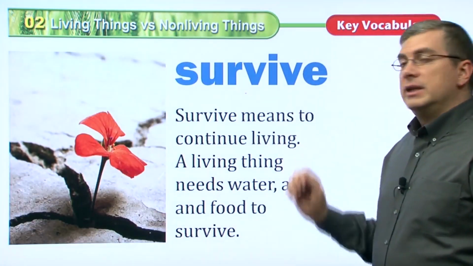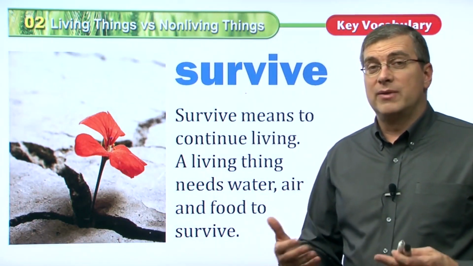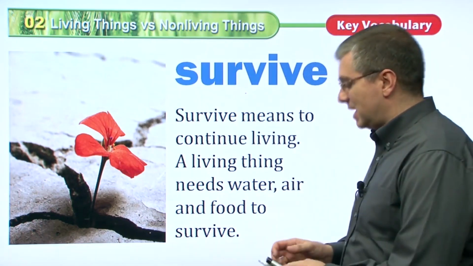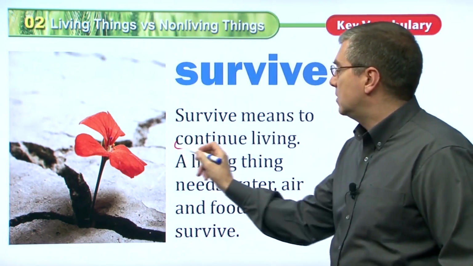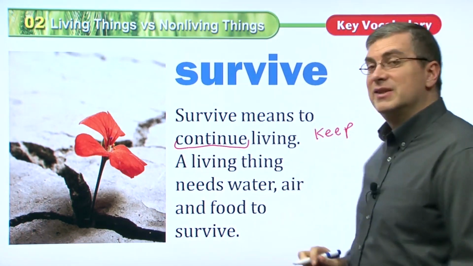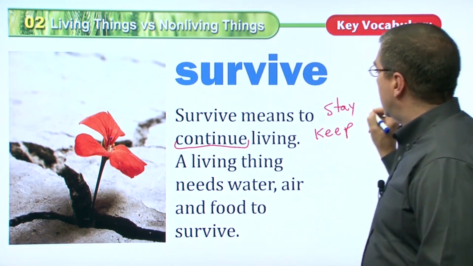Survive means to continue living. Living things, of course, one of their main goals is to continue to survive, to continue to live. Continue living, to keep living, stay alive. They, of course, want to stay alive.